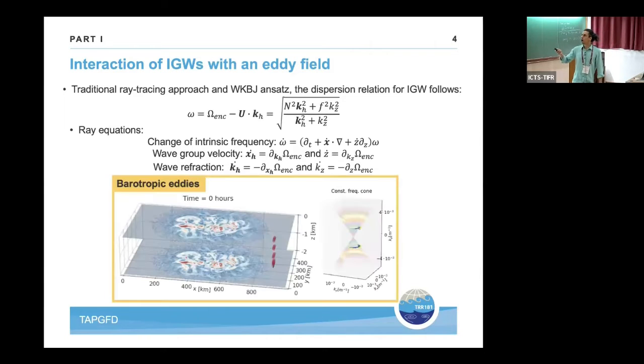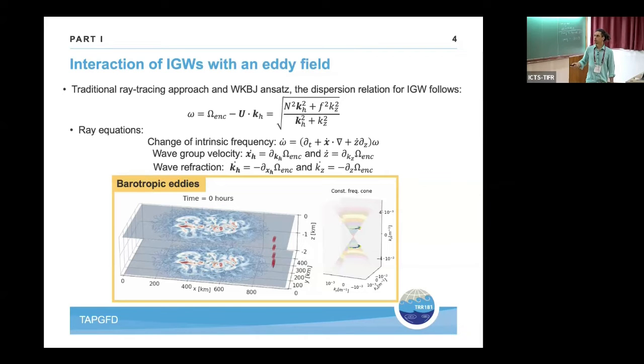Okay. So I will do a few experiments. The first one would be just shooting some rays into a random eddy field, which is initially balanced. It will stay stationary throughout the simulation. Here I'm showing the speed of the eddy field, and it's barotropic, and also the stratification is constant throughout the whole domain.